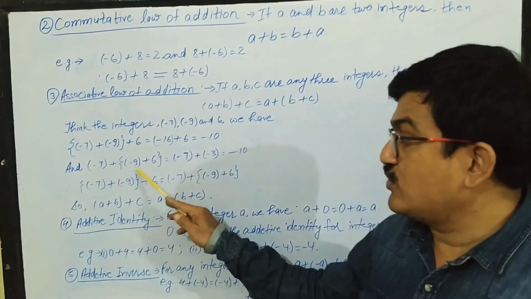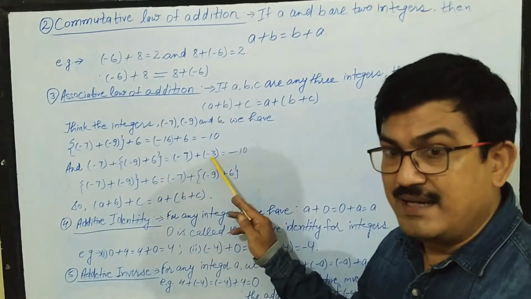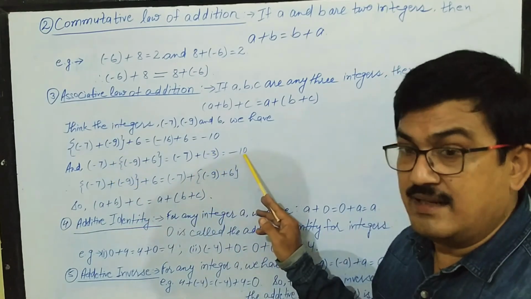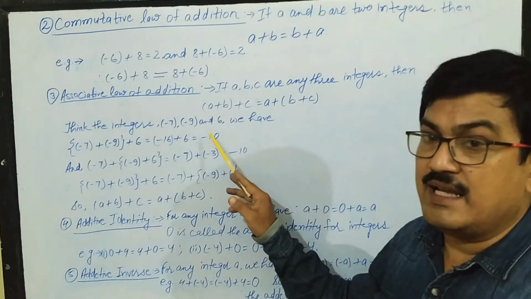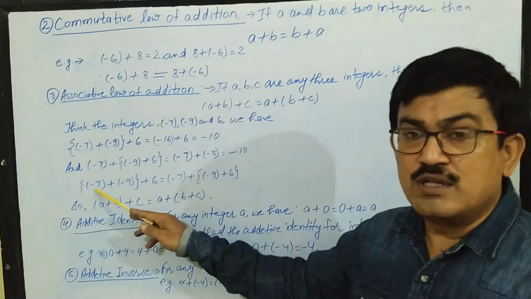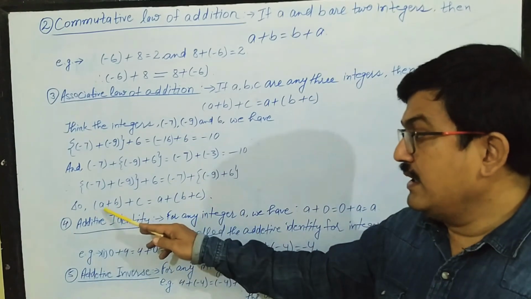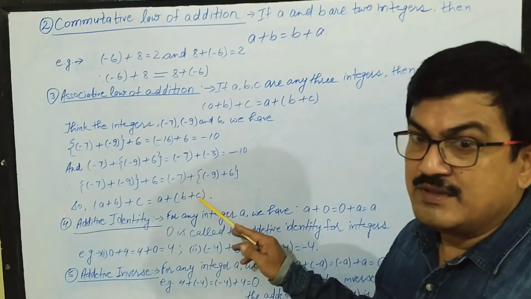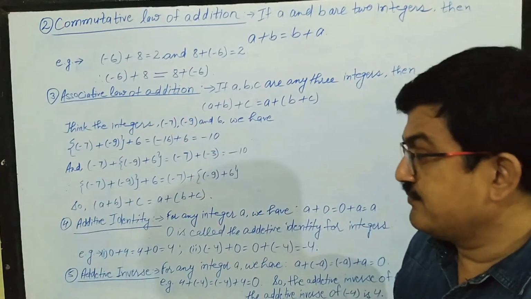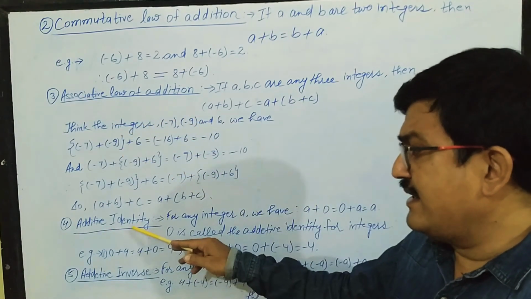After solving the bracket I get -3. So -7 plus -3 is -10. In both conditions I get the same answer, -10. Therefore, which law is it? The associative law of addition.